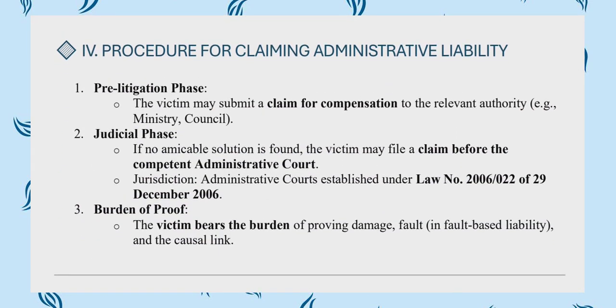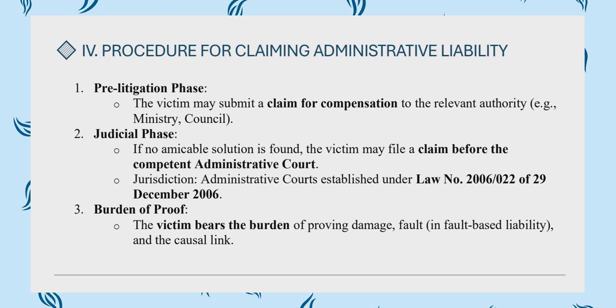Now, when you are sure that the administration is liable, you can come before the administrative court. And what are the procedures for claiming administrative liability? The first thing is the pre-litigation phase, meaning that you don't just carry yourself to court.